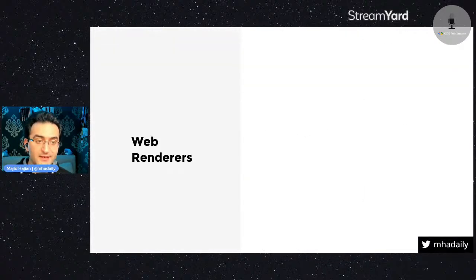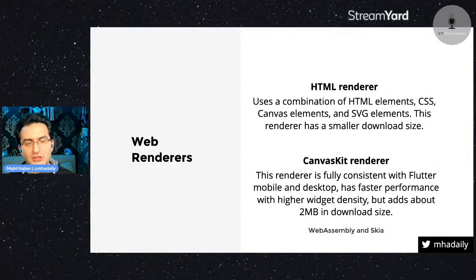But the Flutter renderer has two engines. It has the HTML renderer and it has the CanvasKit renderer. The difference between these two is that the CanvasKit renderer is much more performant and probably more accurate to what you have designed, because it actually renders everything in the canvas in your browser.